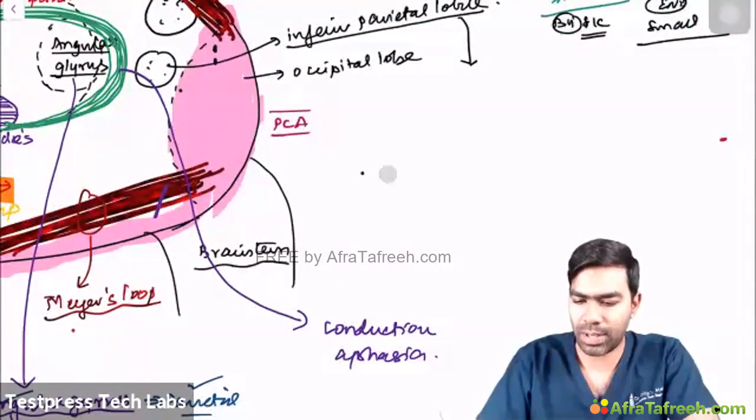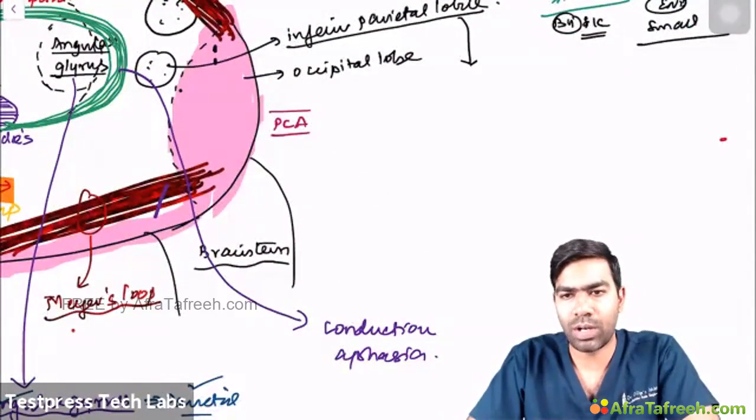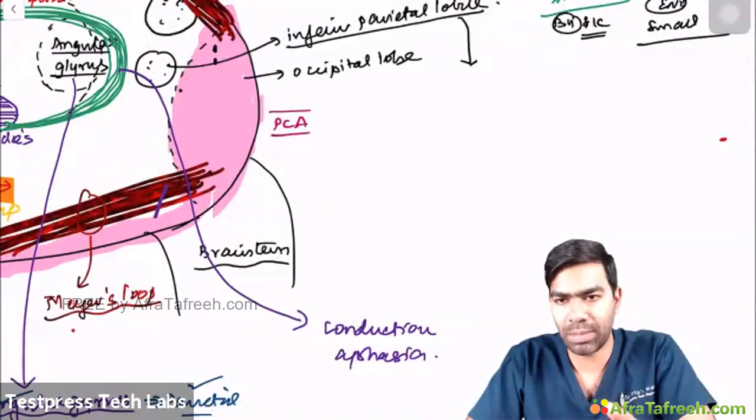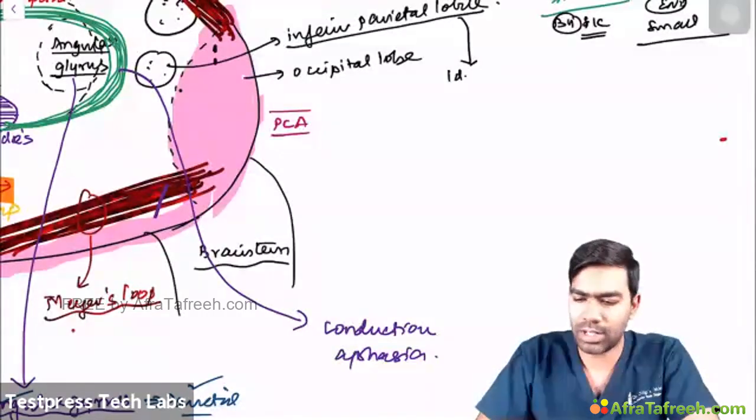It will not result in hemiparesis. It's hemisensory loss only. Okay, what will be the problem if you have damage to the inferior parietal lobule, IPL? Yes, typically you will result in something called ideomotor apraxia.